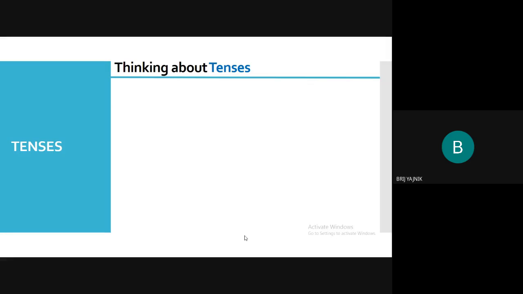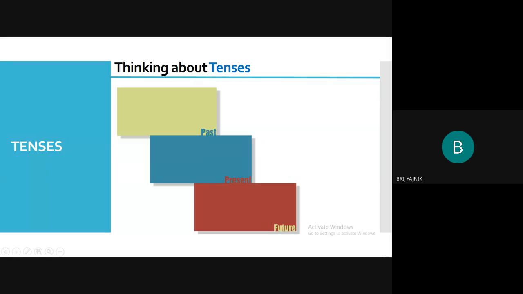We were discussing the tenses, and all of you agreed on one thing, that there are three tenses, and those three are right there in front of you. They are past, present, and future. This is the way all the traditional books talk about the tenses.